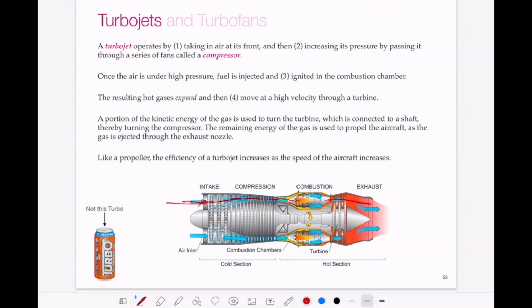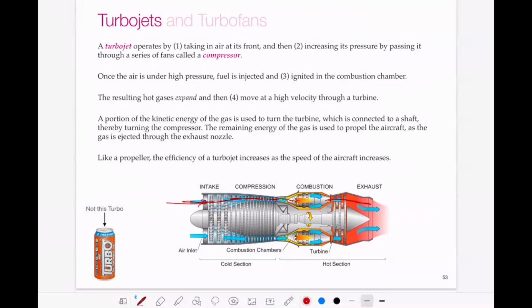So like in a car, we have combustion that is driving a piston, and that is turning the motor. In a turbine engine, we have combustion of a gas that's running now a turbine blade, which is just rotational, and then that is connected rigidly or through a gear system, depending on the type of engine, to the intake compression fans, which help compress that gas, which is then used for combustion. So it's a complete cycle.